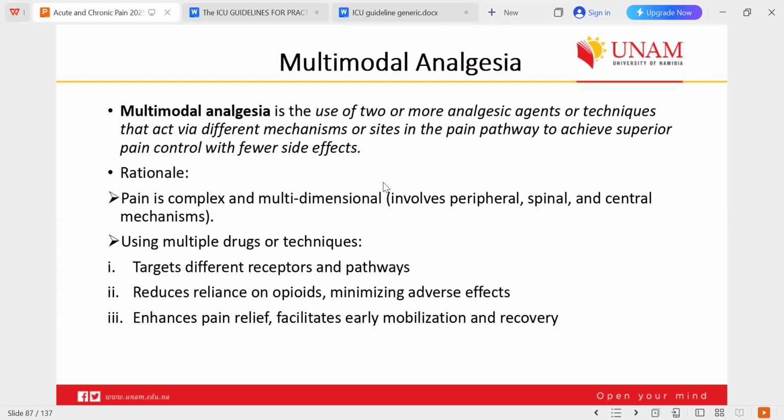We spent some time last week talking about the different pain pathways, right from the beginning of the sensory pathway down to the brain where brain perception takes place, okay? So you can imagine if you're given two NSAIDs that are working on the same site, that is not multimodal.